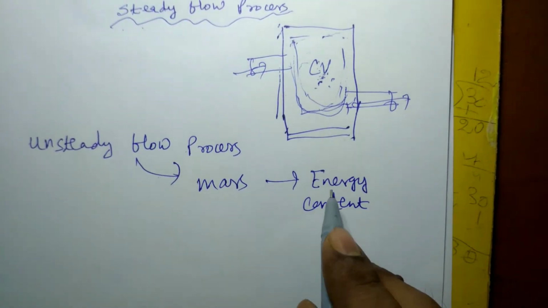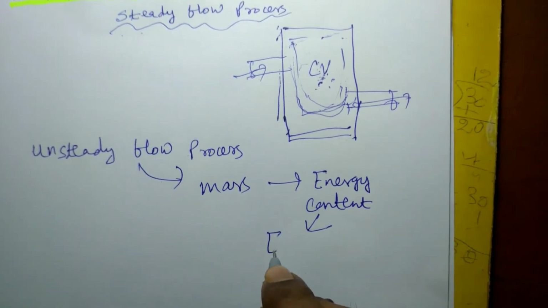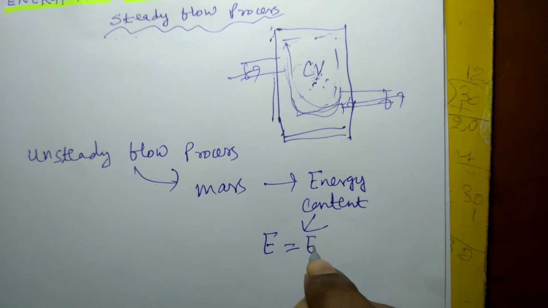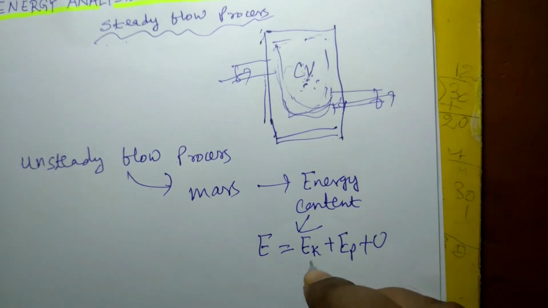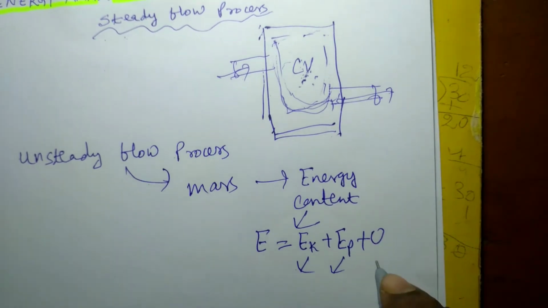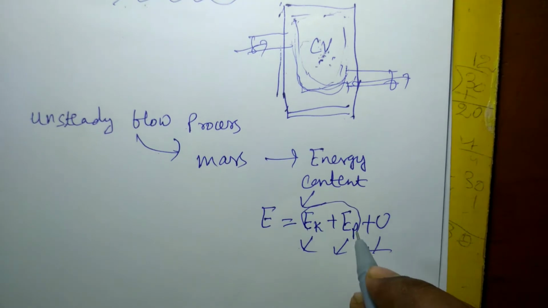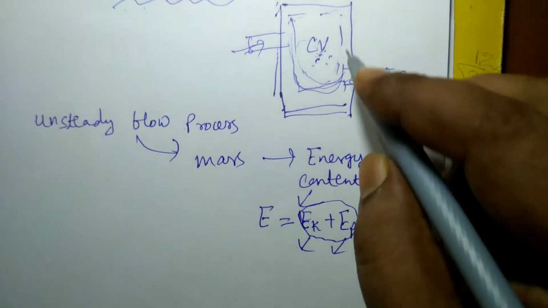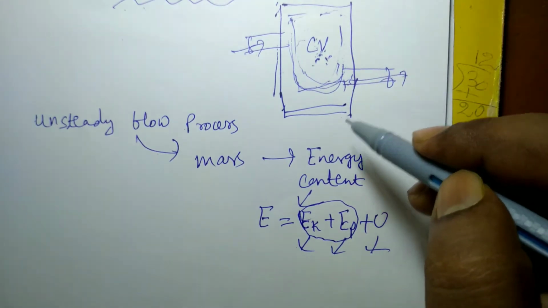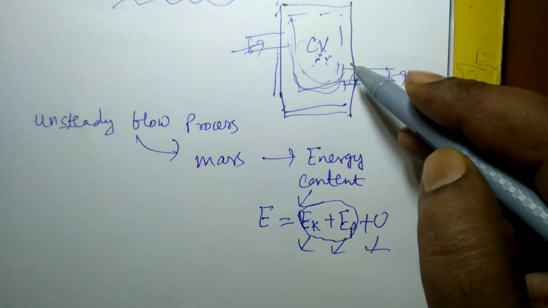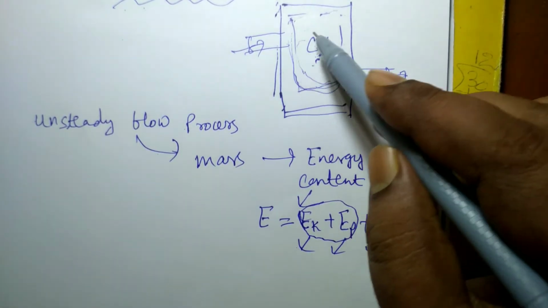So energy content means total energy of a system. We have already studied energy of a system is Ek plus Ep plus U. This is kinetic energy, this is potential energy, this is molecular internal energy. And in most cases these two terms are absent because ये तो move नहीं कर रहा है. Change in potential energy is often neglected because this is a stationary system.